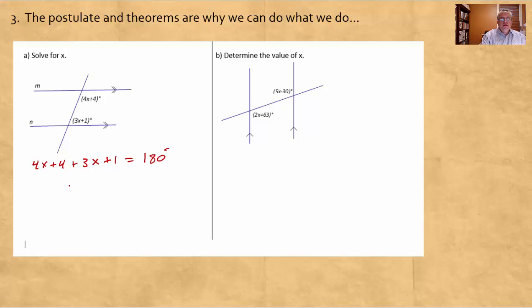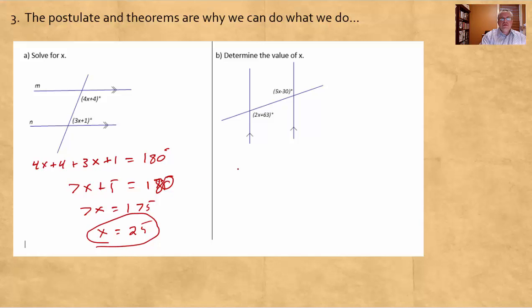That equals 180, so 7x plus 5 equals 180. And if we subtract 5, we get 7x equals 175. And I believe we get x equals 25. Yeah, 25. There we go.